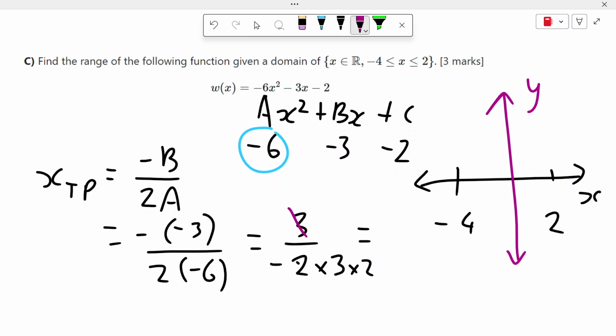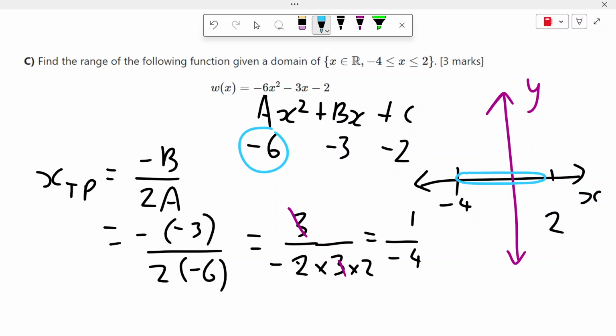And so the 3's can be cancelled out. And what we're left with is something a little nicer, that -1/4. Okay, that's what it's equal to. Now, that does fall in this range, sorry, in this domain here.